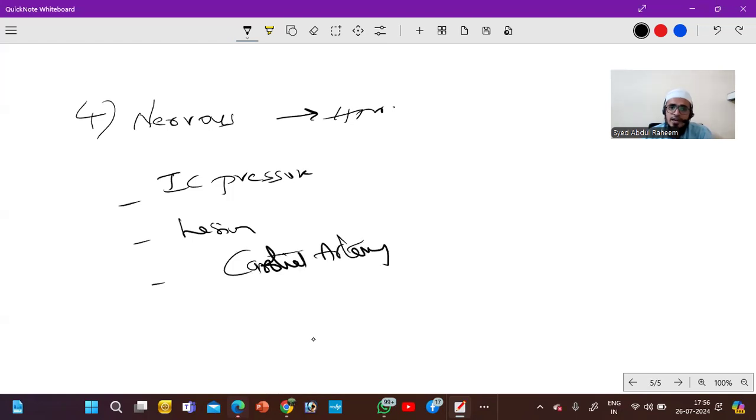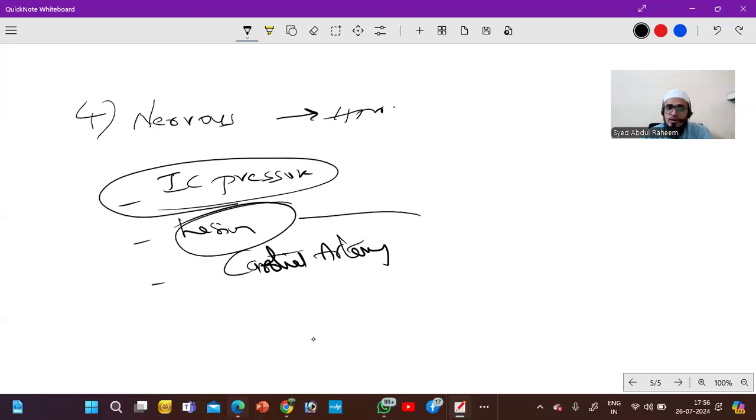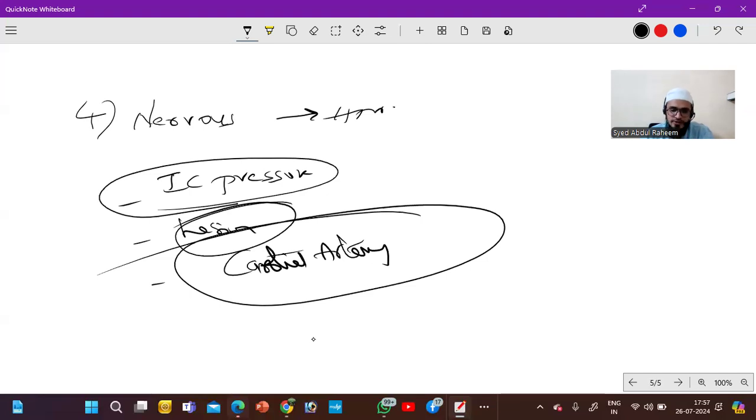Direct involvement of the brain, pressure increase or involvement of the artery, so you will get nervous hypertension.